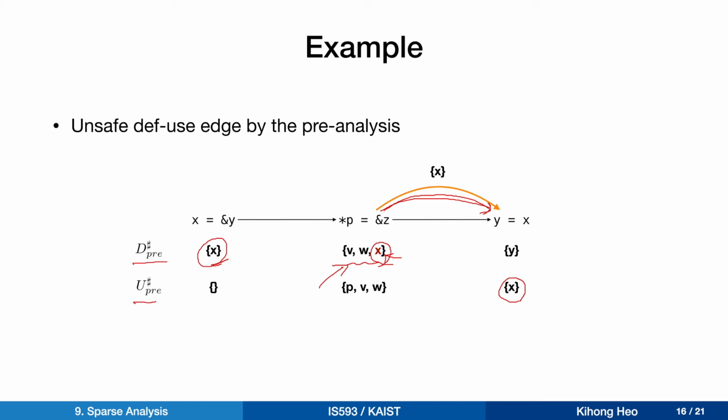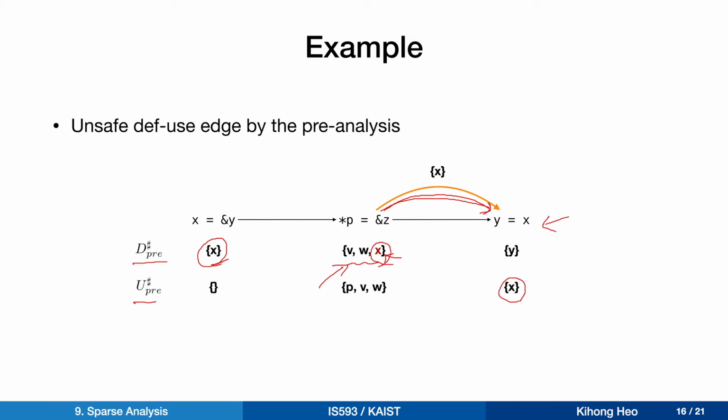If the sparse analysis only considers this edge, then the abstract value for x and y at this label will be bottom, right? Because something is missing here: no abstract value for x is correctly propagated in the main analysis.